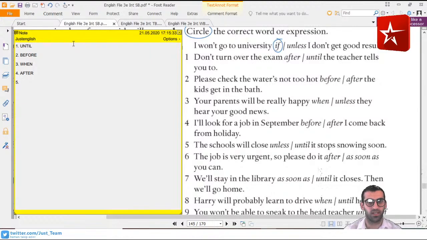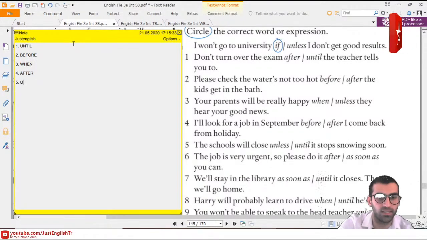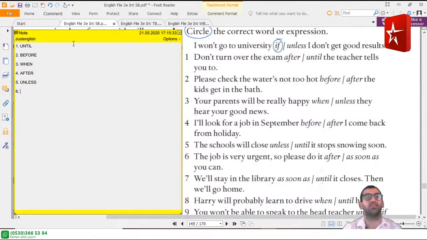The schools will close if it doesn't stop snowing soon. So number five is unless. Yes, it means if not. The schools will close unless it stops snowing soon.